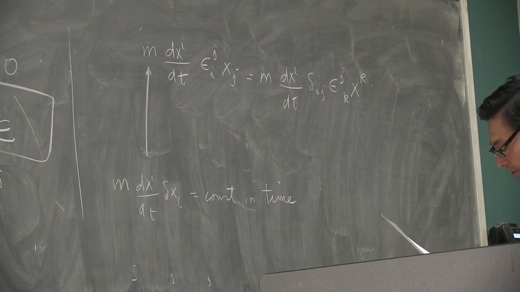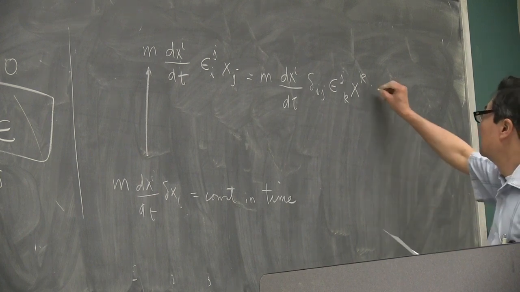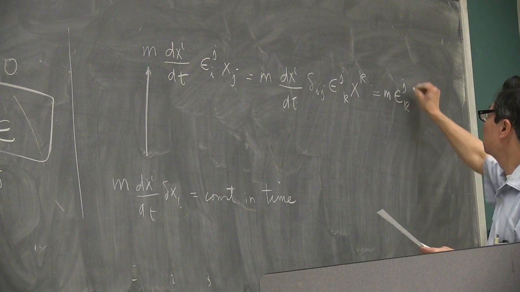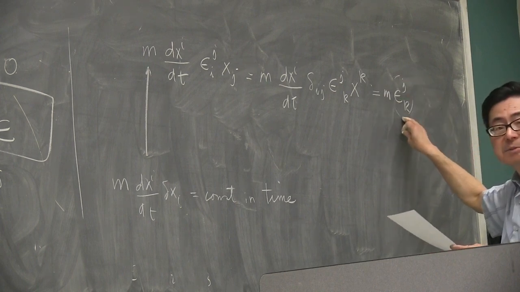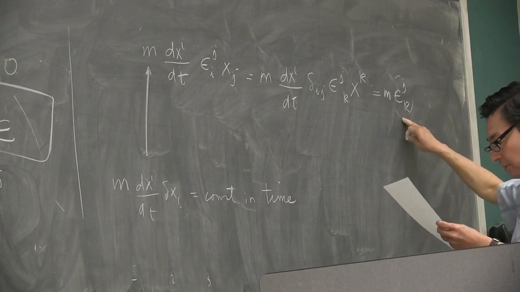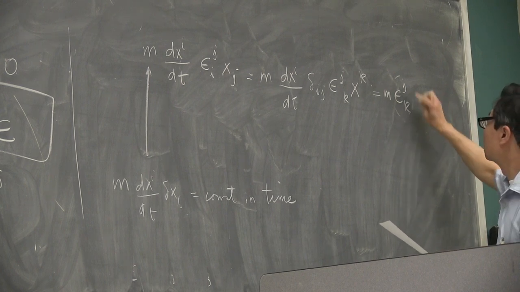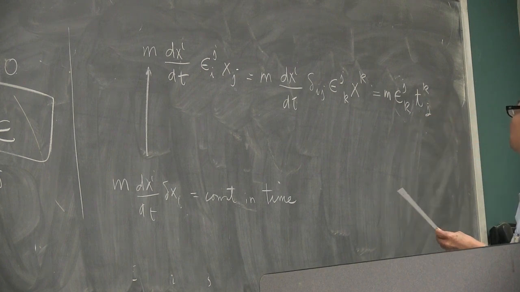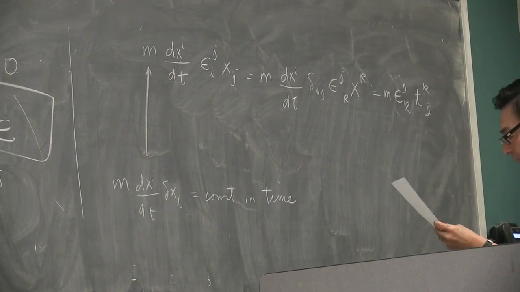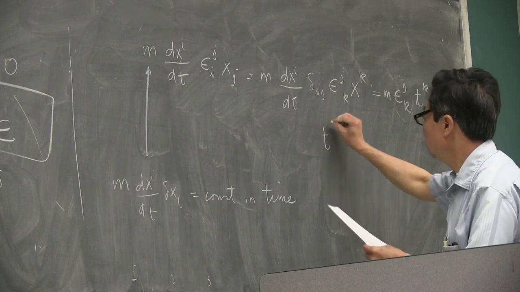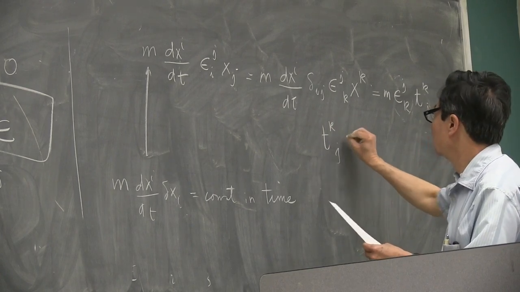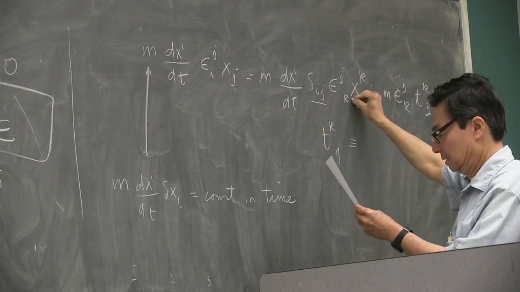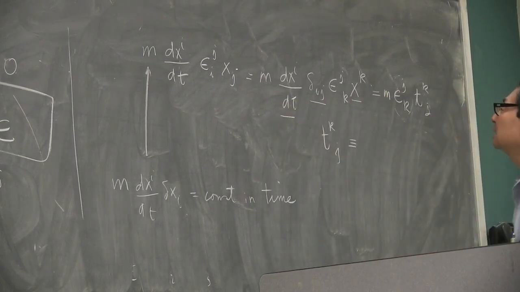And I'm now going to define this as m epsilon_jk. Now remember, these are the arbitrary constants specifying the rotation, okay? The rest of it, I'm just going to call it a tensor, which is T_kj, where T_kj is obviously defined as this multiplied by this multiplied by this, okay?